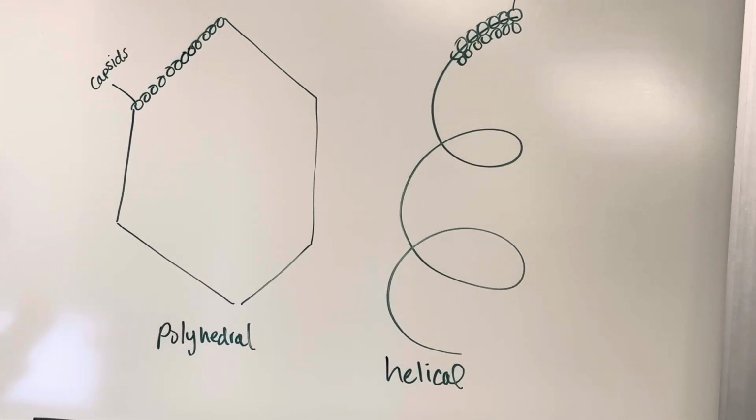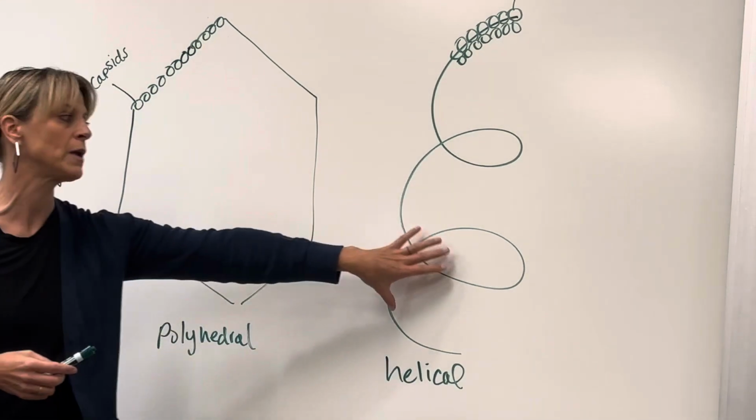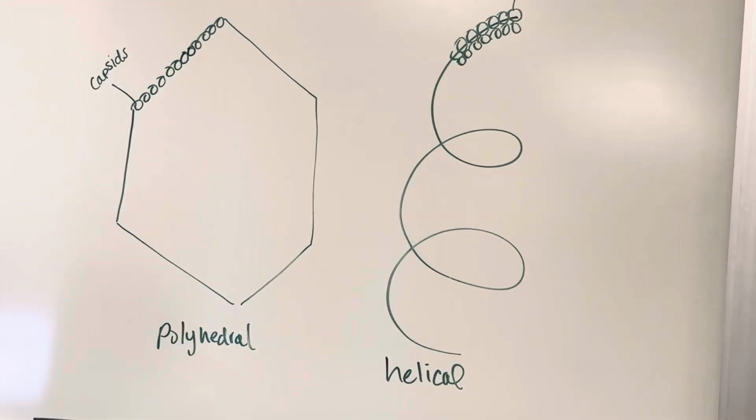So that's the two main ideas: the capsid can form a box around the DNA or RNA, or it can form a snake-like structure and surround the DNA or RNA. These are our two main ones, and then we move on to one more level. The next level is whether they're enveloped or not.